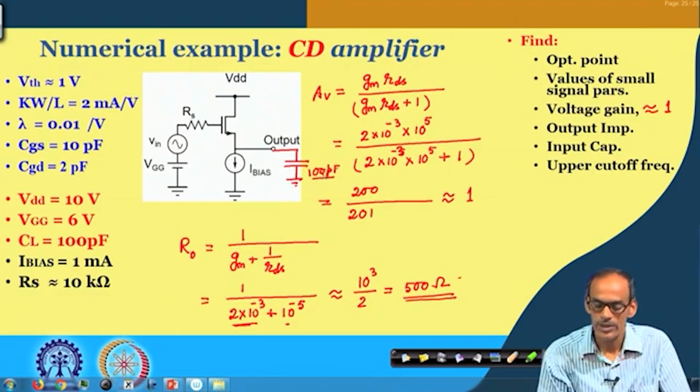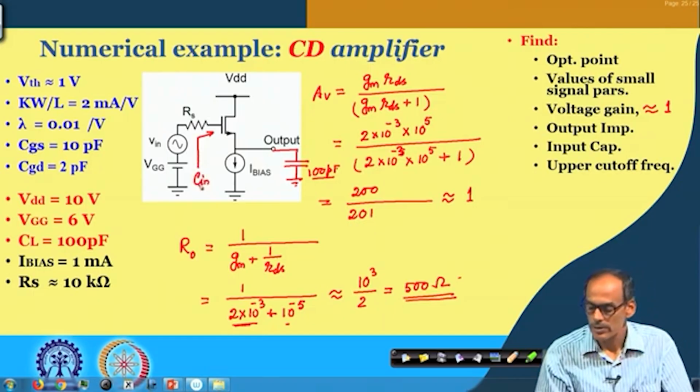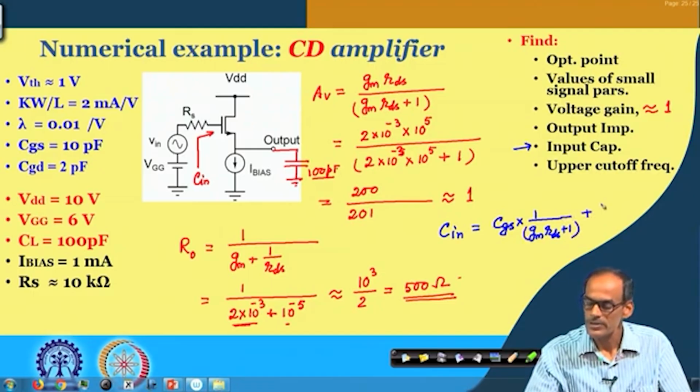From that we can calculate the upper cutoff frequency, but before that we can find what will be the C in. So, let me use a different color for C in. Now we are going to calculate C in, which is CGS multiplied by 1 by GM RDS plus 1, you may recall this expression, plus CGD.